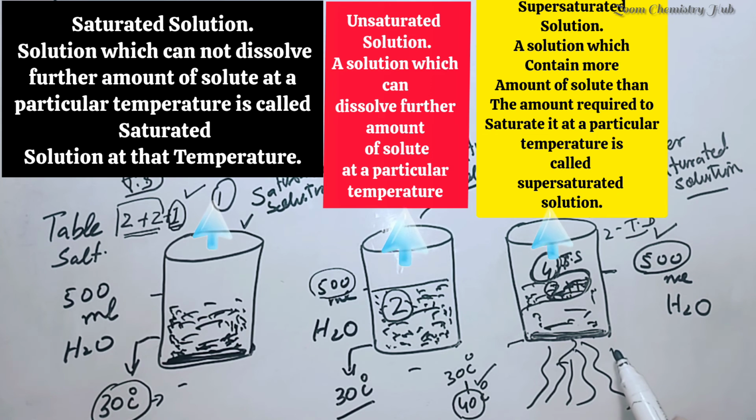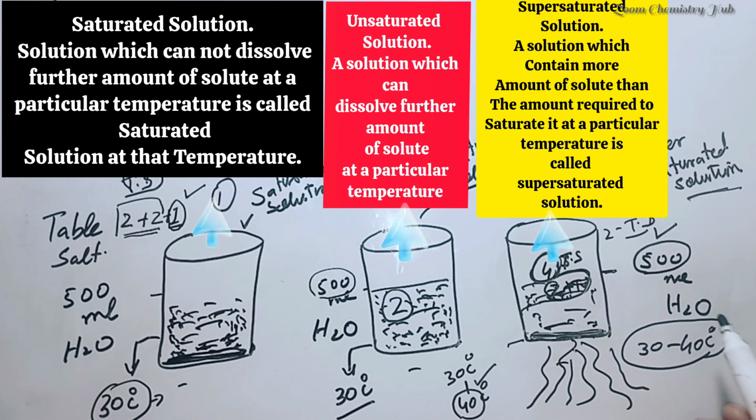In simple words, we can say that the solution which can dissolve further amount of solute when we increase its temperature from saturated to supersaturated solution. That is, in this case we increase the temperature from 30 to 40 degrees centigrade. So by increasing the temperature of the saturated solution, it has the ability to dissolve further amount of solute. At this stage, this solution is called supersaturated solution.